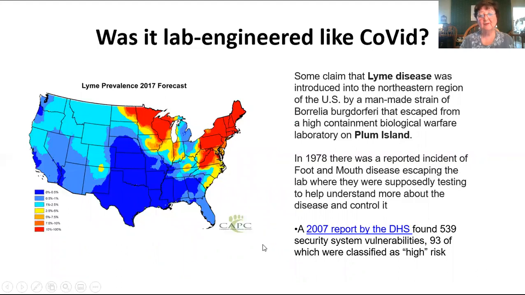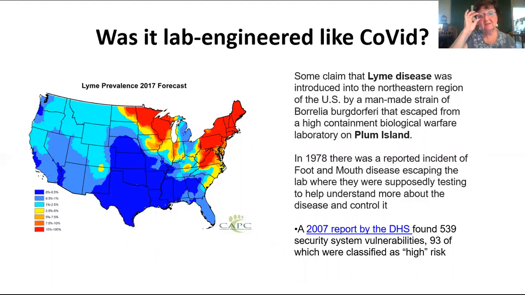There's an interesting report done in 2007 by the DHS, and it found 539 security system vulnerabilities, 93 of which were classified as high risk.